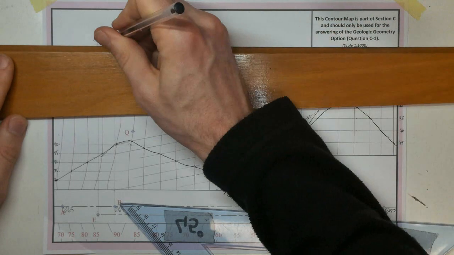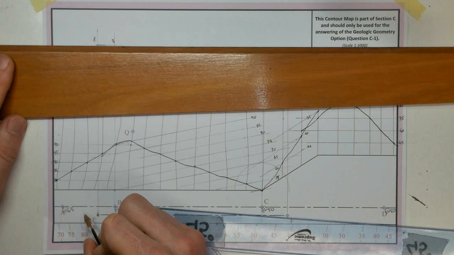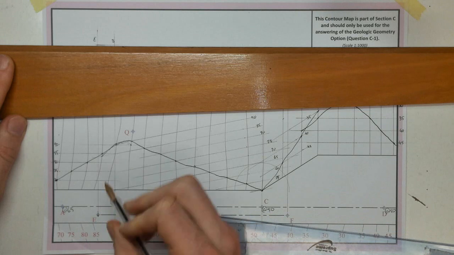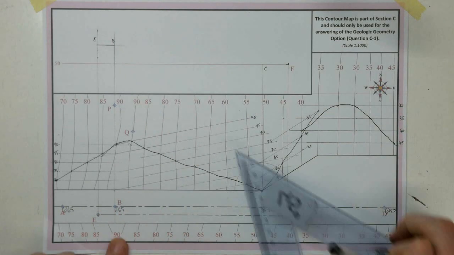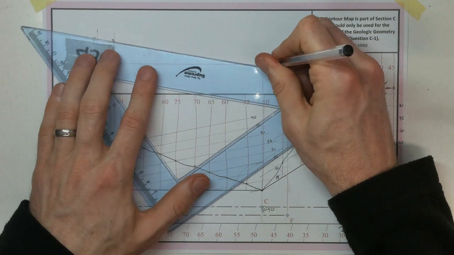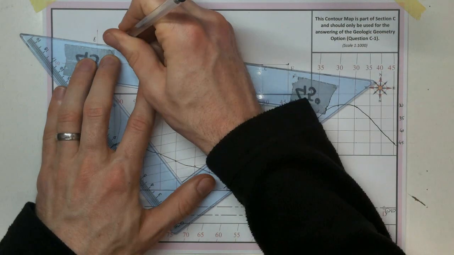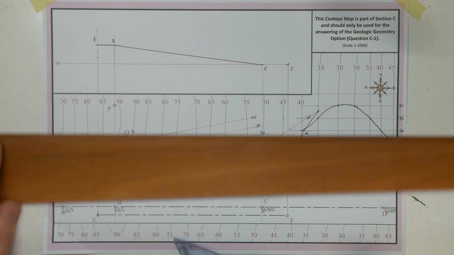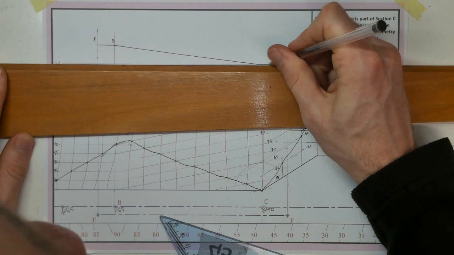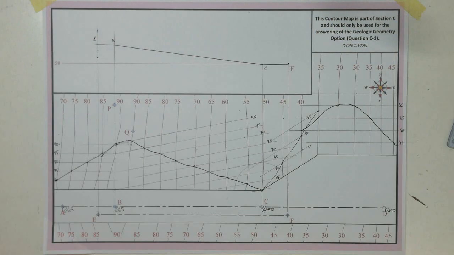We travel from E 65 to B, which is at 65. Then we're travelling on a sloping surface down to C at the height of 50. And then C is level then off to F at a height of 50. So there is our vertical section of that.